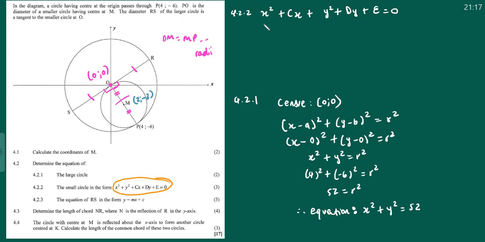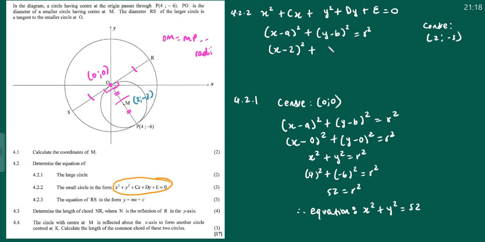So it will be x minus a all squared plus y minus b all squared, and then is equal to r squared. What is a? The center is 2 and negative 3. On x, where it is negative a, I put it as negative 2. Here it's positive, right? Here I write it as negative 2.